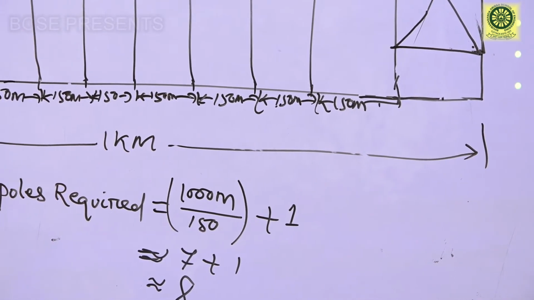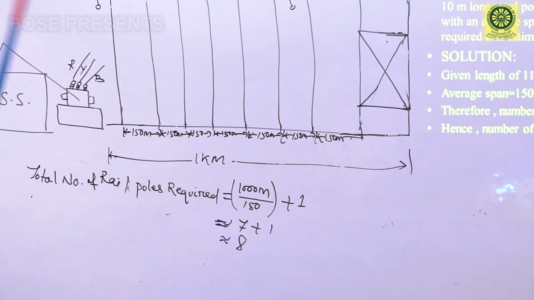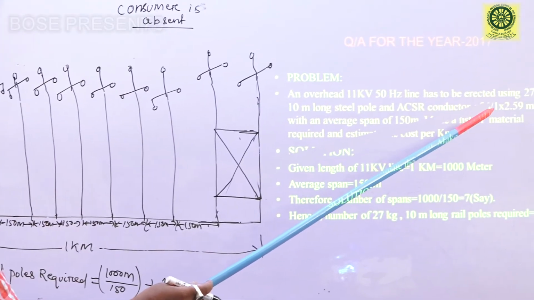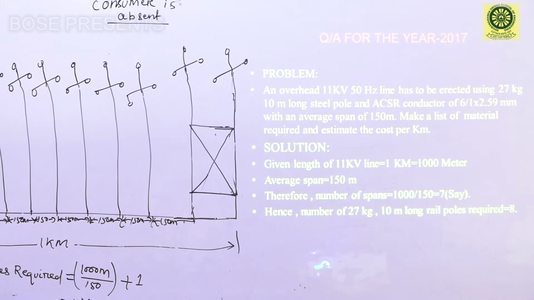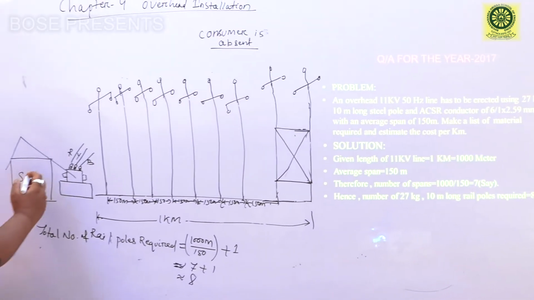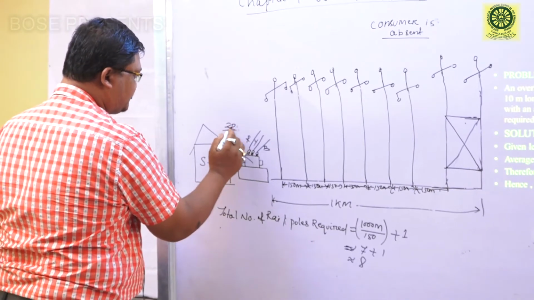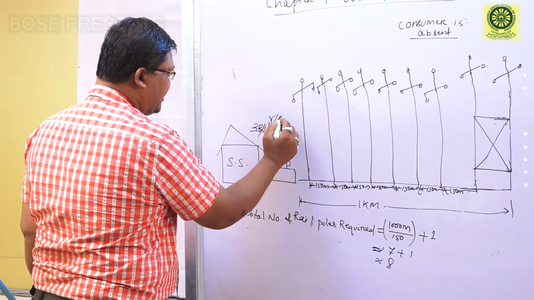Next, we have to calculate the number of conductors. Here the size of the conductor is already given, that is 6 by 1 into 2.59 mm. So how much is required? This is the substation, and here this is 33 by 11 kV star delta connected.